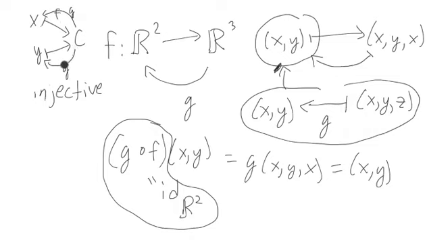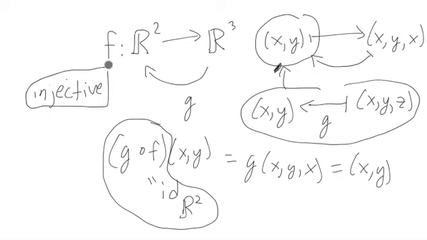But g is a well-defined function. It's not going to take c to two different places. It only takes it to one, which forces these two guys to be the same, which forces the fiber over c to have only one element. So what we get is that if there is a left inverse, then the function will be injective.